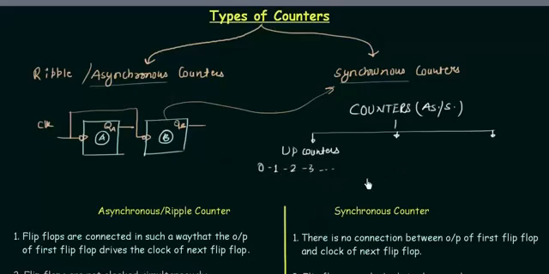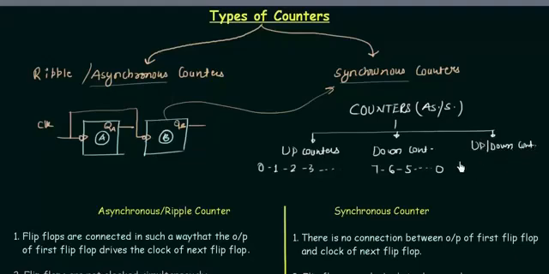And the second one is down counters. They count from large to small, and in this case their output goes low as they receive the clock pulse. For example, they will count like 7, 6, 5 up to 0 or any number you want. Similarly, we have the last type, which is up down counters.